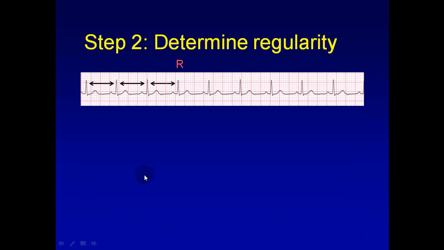How do we determine irregularity? Now we know how to determine the heart rate rapidly when taking an ECG. How do we determine regularity? Look at the RR waves. If the distances between them are equal, this means it is regular.